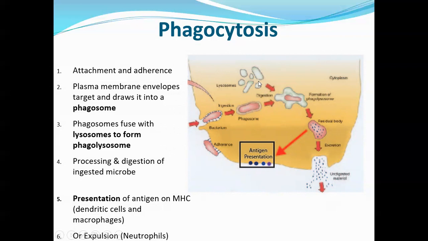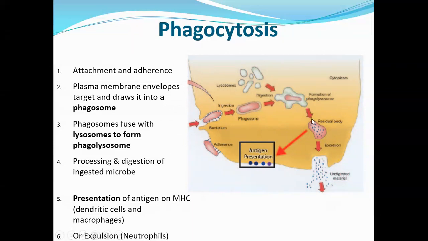In this fusion, the contents of the lysosome are released into the phagosome. So we have what we call a phagolysosome. Within this phagolysosome, through the action of these enzymes, they begin degradation of that bacterial cell, breaking it down into small pieces.